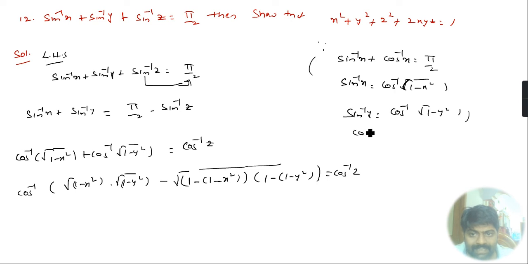The basic formula is cos inverse x plus cos inverse y equal to cos inverse of xy minus root of 1 minus x square into root of 1 minus y square.